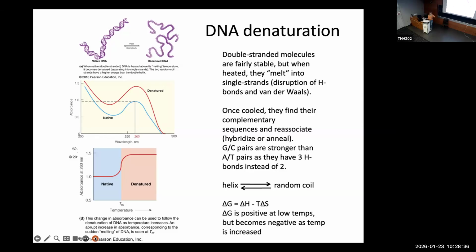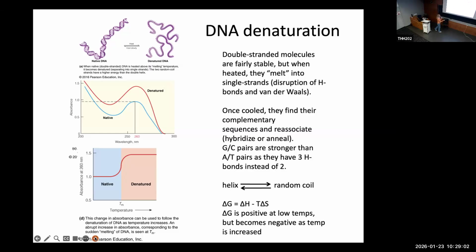If we raise the temperature, delta G is negative towards denaturing. Yeah, denaturing, right? It's favorable to come apart when we raise the temperature. It is favorable to be double-stranded when the temperature is lower, right? They base pair back together.